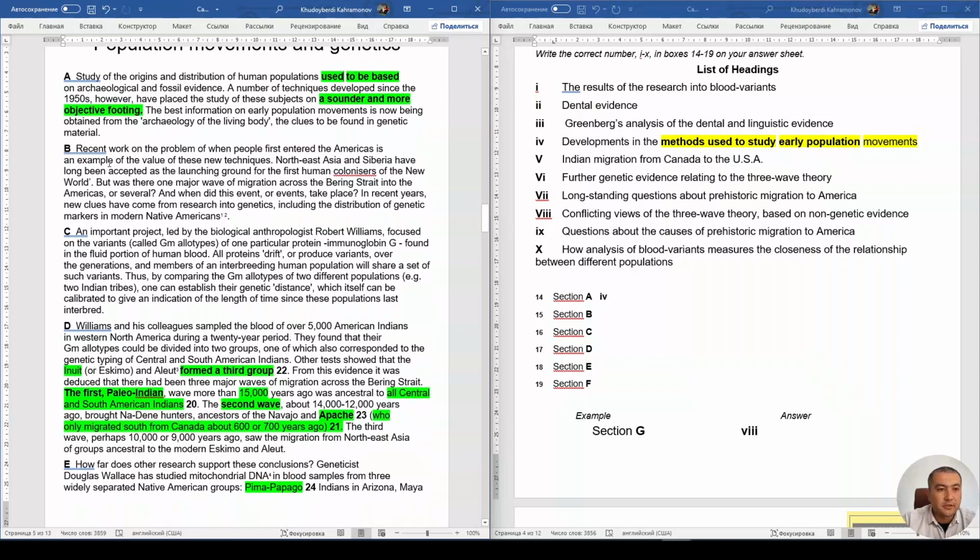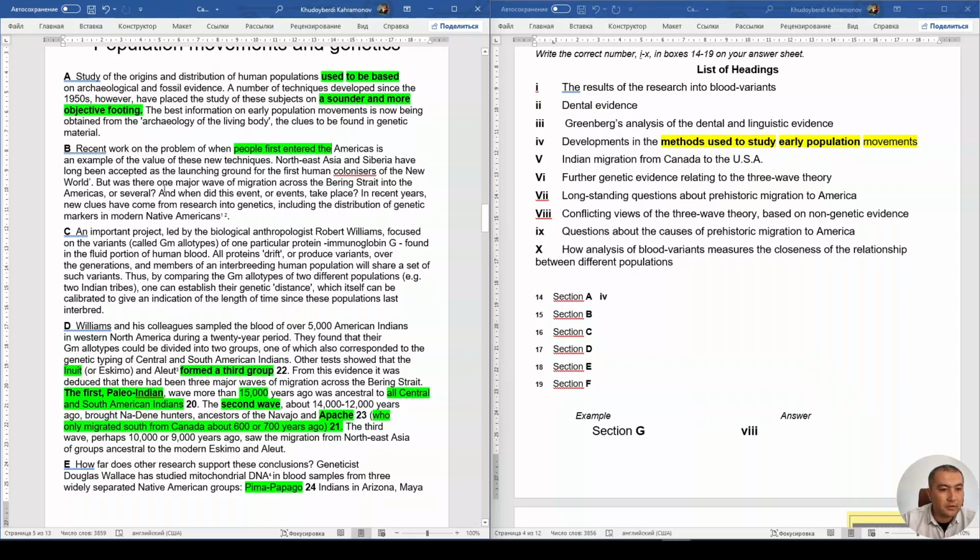So the next one: recent work on the problem of when people first entered the Americas is an example of the value of these techniques, right? Northeast Asia and Siberia have long been accepted as the launching ground for the human colonizers of the New World.